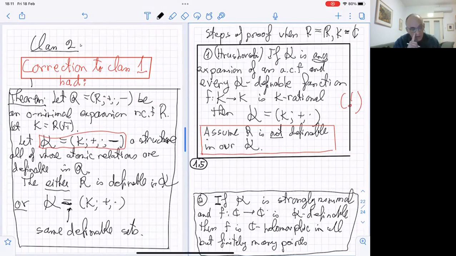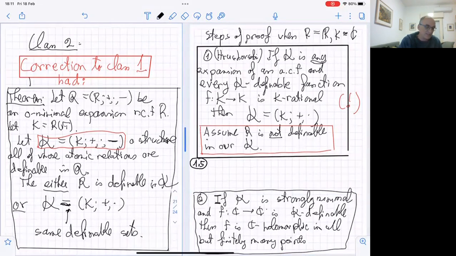So Marker showed that it's enough to look at one variable functions. And now we are assuming that R is not definable in K. And remind you, K is the expansion of the algebraically closed field by O-minimal sets.